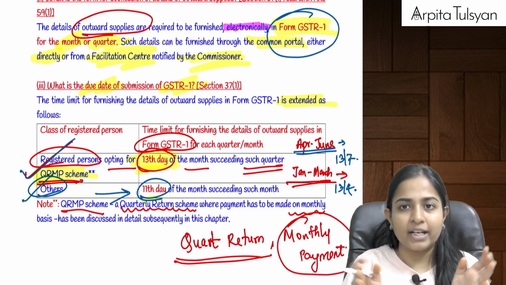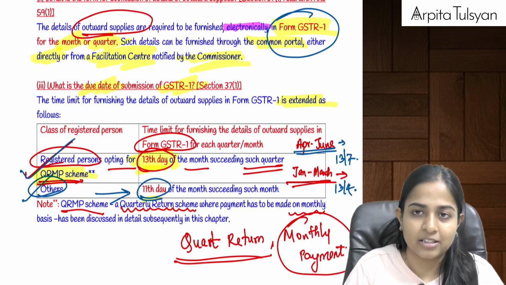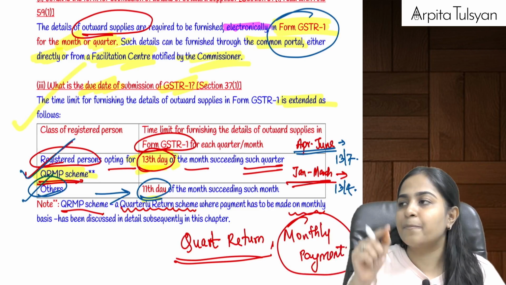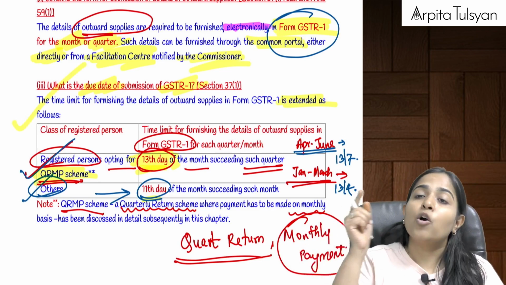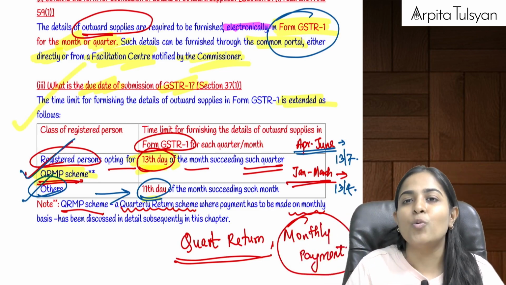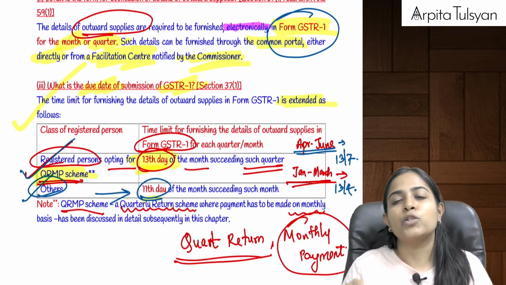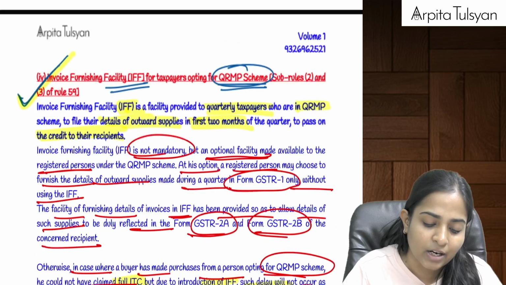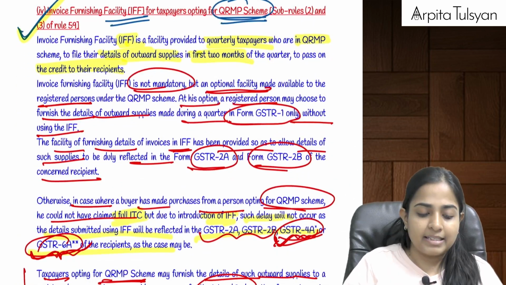Means once the quarter gets over, after that 13th of the next month. So normal monthly taxpayers, 11th of the next month. The persons who have selected the QRMP scheme, once the quarter gets over, for example April, May, June, one quarter gets over, so by 13th of July they are required to file that particular GSTR1.